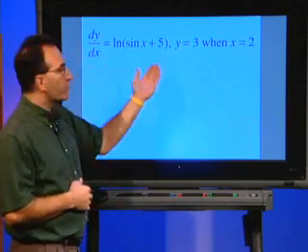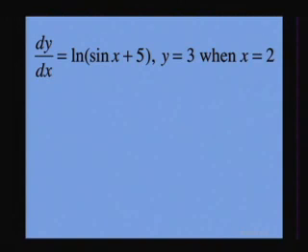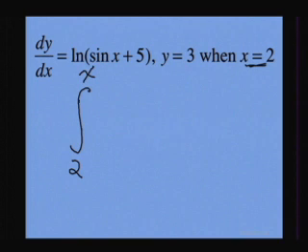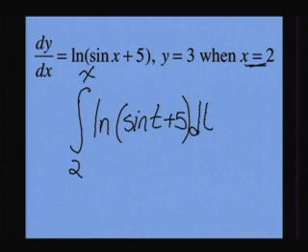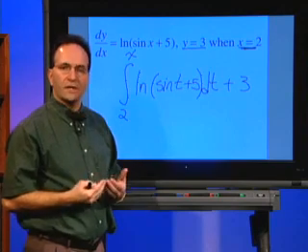So again, here's our problem. dy/dx is equal to log of (sine x plus 5). So what we'll have is the integral from 2, which is the value of x where we are going to start, up to x of log of (sine t plus 5) dt, plus the constant, which of course is going to be y equals 3, since that's the value we're looking for when x is equal to 2.